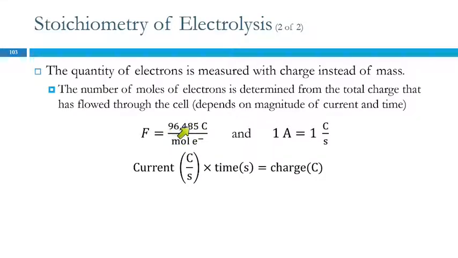So if we have the coulombs, then we can figure out how many moles. An amp is a coulomb per second. So the current in coulombs per second, or amps, times the time that it runs in seconds gives us the charge. And this charge in coulombs can be converted to moles of electrons.